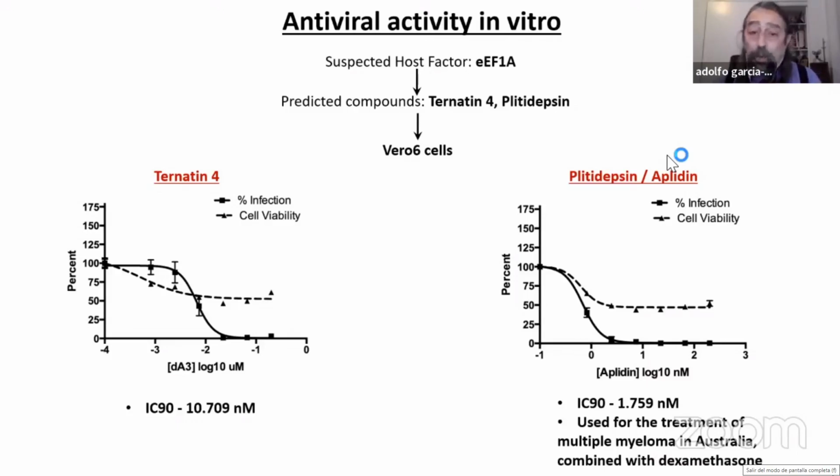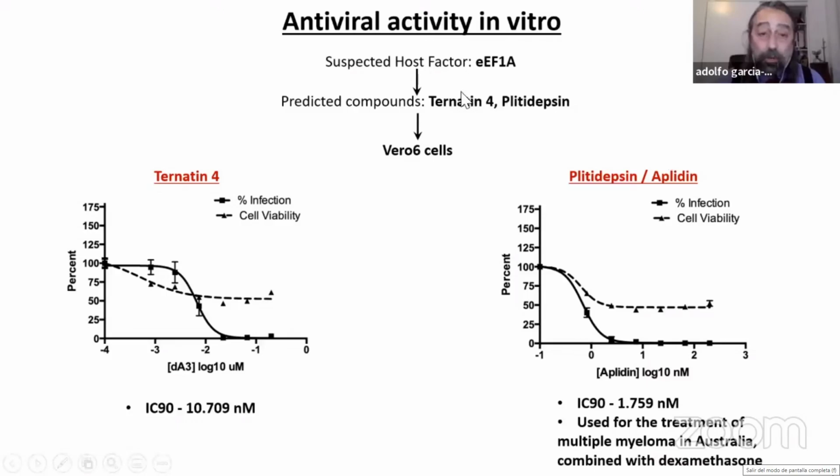And how we look at that is we look for the ability of the virus to replicate in cells in the presence of different concentrations of these inhibitors, either Ternatin-4 or Plitidepsin. And by that, we can determine the concentration required to inhibit 90% of viral replication, which is called the IC90.